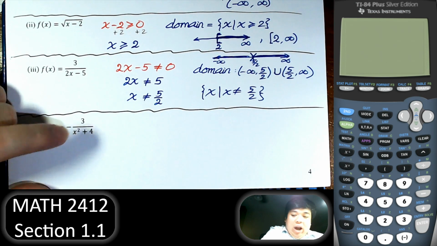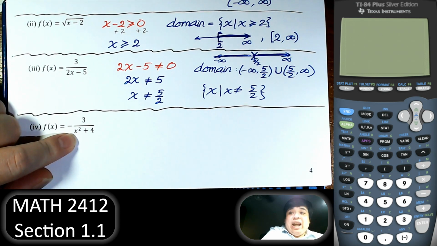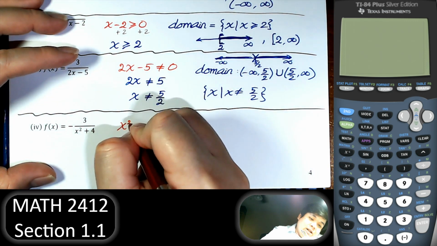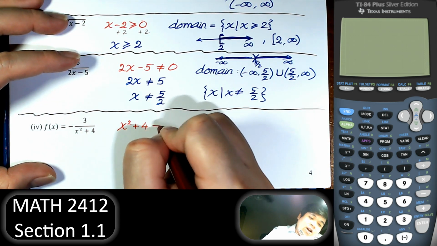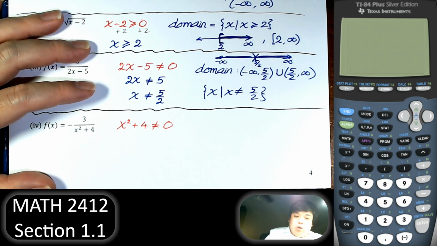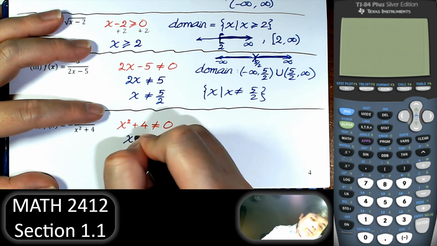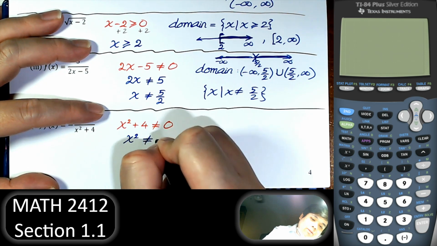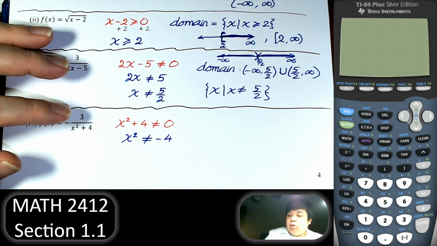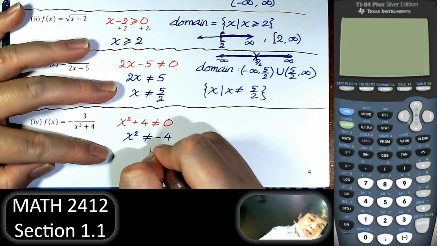Right, next, we have this. The denominator cannot equal to 0. So what we say is the denominator cannot equal to 0. And they will just simply solve for x. Move the 4 over. And when we take the square root on both sides, don't forget there is a plus or minus.